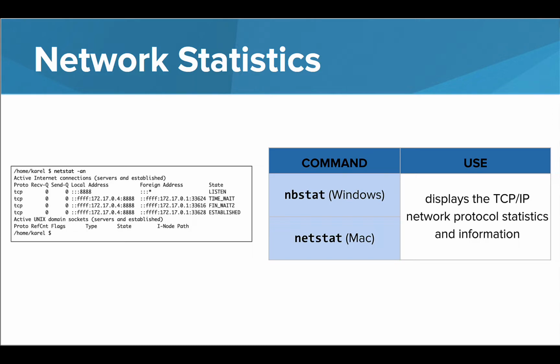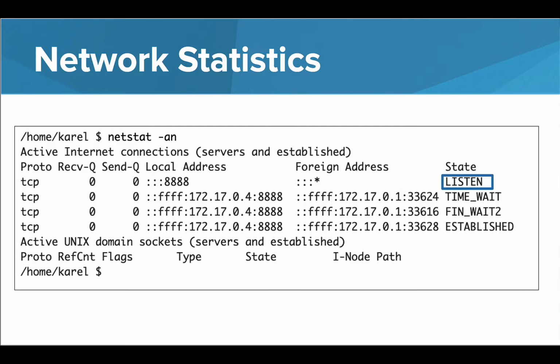When your router receives a data packet, it uses this table to know where to send that data. A routing table is essentially a map for the router. This is an example of all active internet connections on a system. The state of the connection is whether it is listening for incoming connections, has been closed, or has an established and working connection.